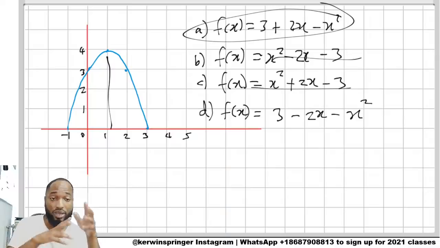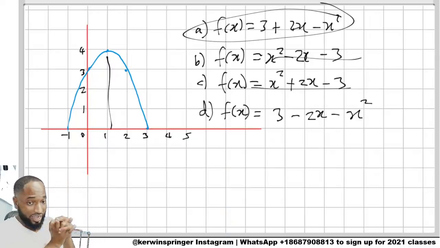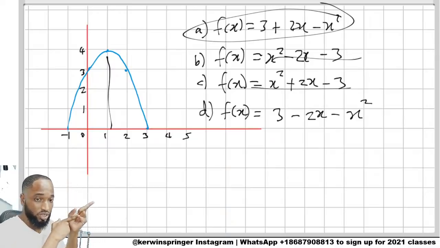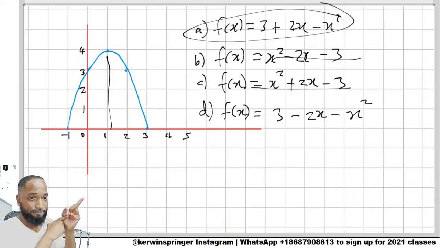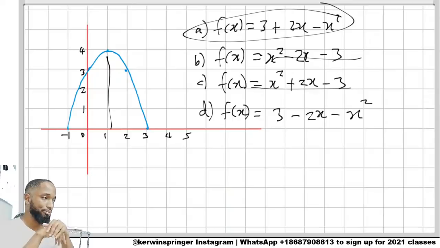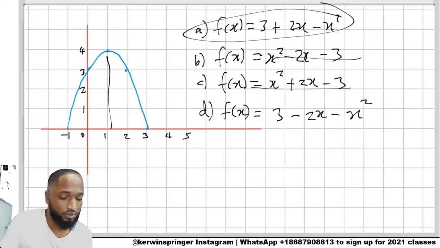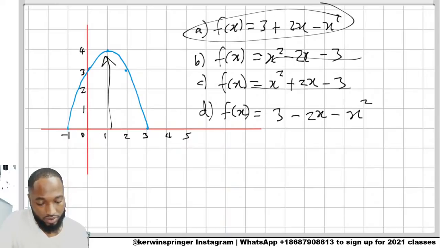So in the end we have to substitute the x value into the equation, because that's the only way you would know how to solve this. That's the fastest way. When x is 1, you're looking to see if you get 4.